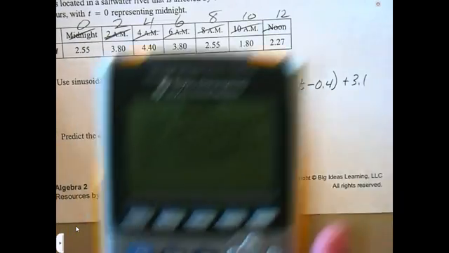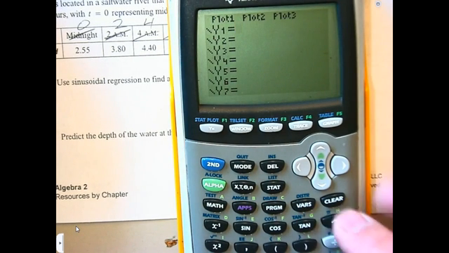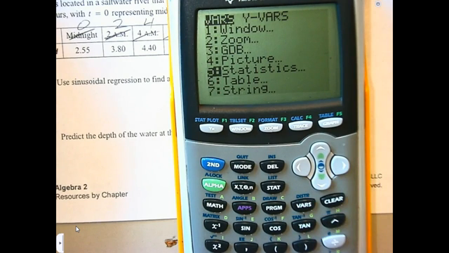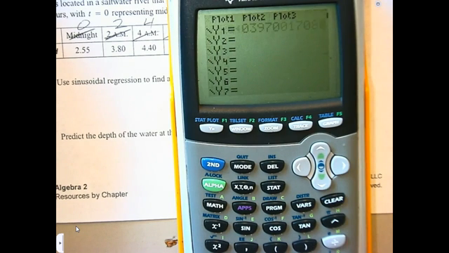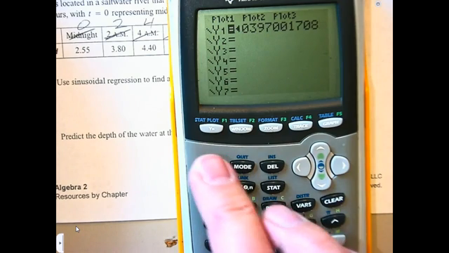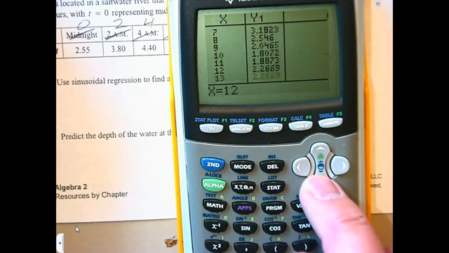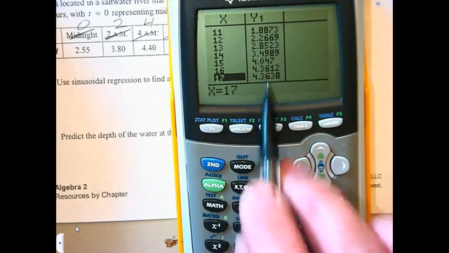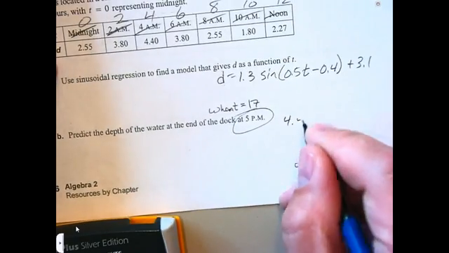The other way is to go to your y equals menu and enter that equation. Anyone remember? Bars down to option 5, statistics, equation, and regression equation. And then go to your table. At 17, it's 4.4 feet.